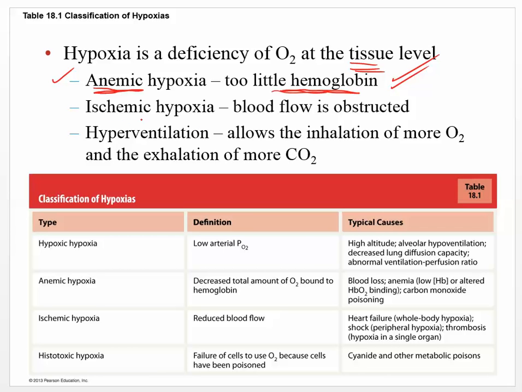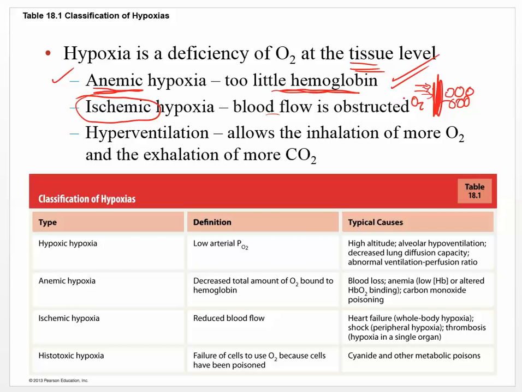Ischemic hypoxia. Ischemia is an obstruction. Ischemic events are when you might have little mini strokes or something like that, where you have a blockage and the blood flow is obstructed. And so all of those little tissues over here, all of a sudden there's a block. They can't get the oxygen.